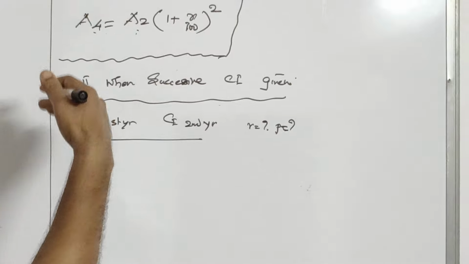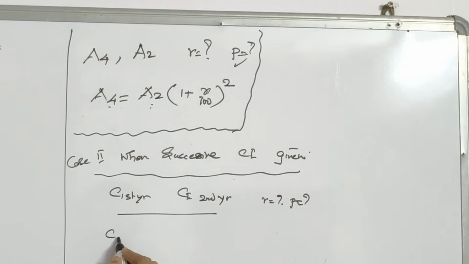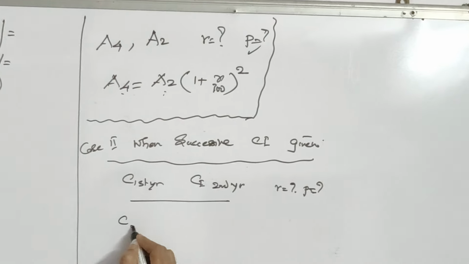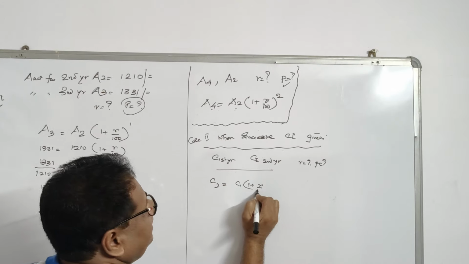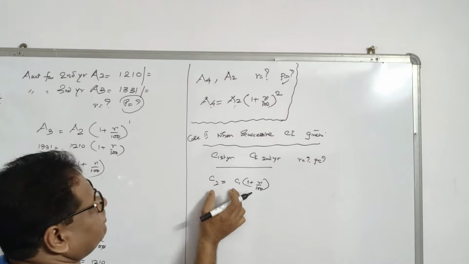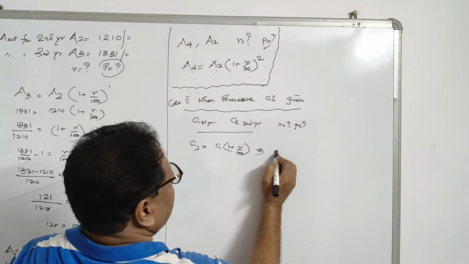Okay, exactly the same method you apply. Take the higher compound interest in place of amount, that is C2, and this is C1(1 + R/100). Okay, the time difference is 1, so you can solve for R. This gives you the value of R.